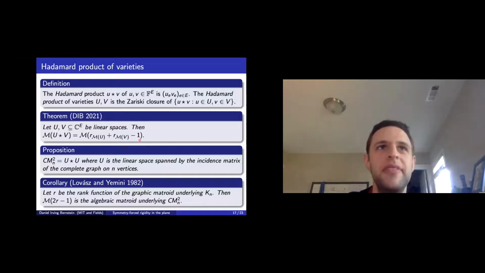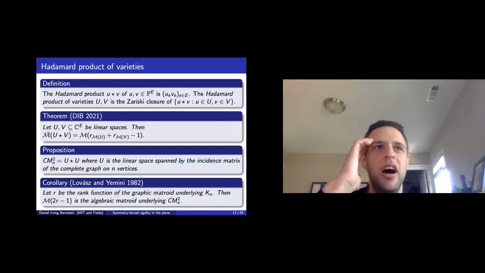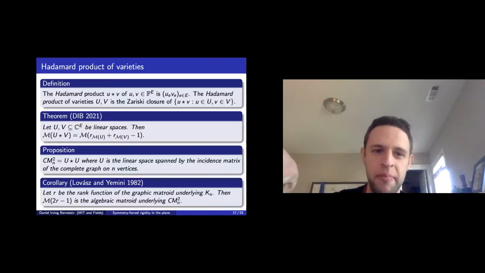So here's a theorem. If U and V are linear spaces, then the algebraic matroid of their Hadamard product is just the matroid you get using the submodular function construction, where your submodular function is the sum of the rank functions minus 1. The proof of this uses tropical geometry, and just to give you a vague idea of why: in tropical geometry, products become sums.